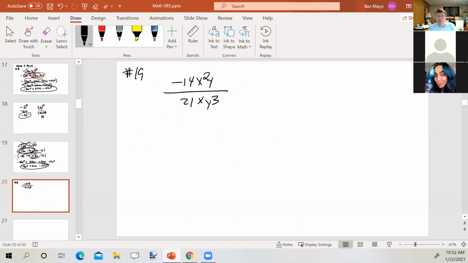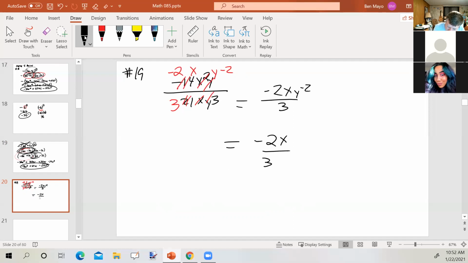We've got a monomial over a monomial, so we've just got a single fraction that we're going to simplify if we can. Negative 14 over 21 would be negative 2/3. X squared over x would be x to the 1 power up on top. Y over y cubed would be y to the 1 minus 3 or y to the negative 2. So I've got negative 2x y to the negative 2 over 3. But then that's going to be negative 2x over 3, moving that downstairs, y squared.